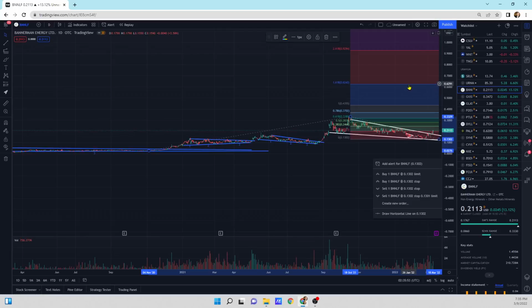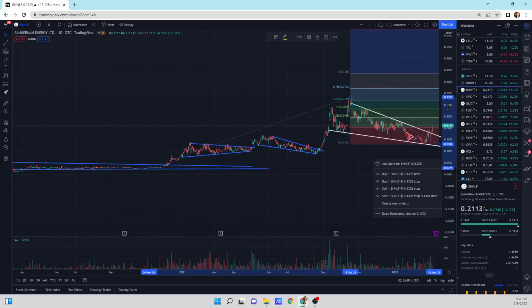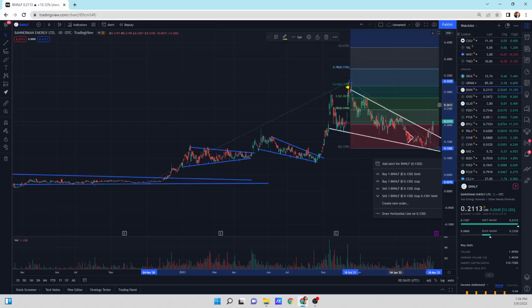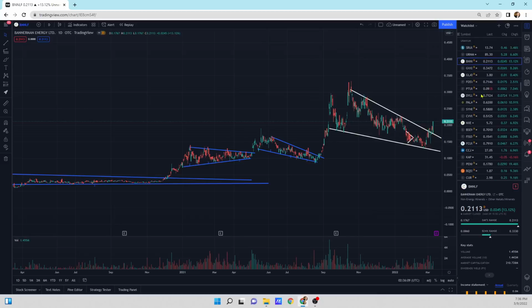So 62 cents and 94, 95 cents. And I'm not claiming that's where it's going to go. We're just playing with numbers. But this thing sure looks good breaking out of this and probably moving on higher here at any second.